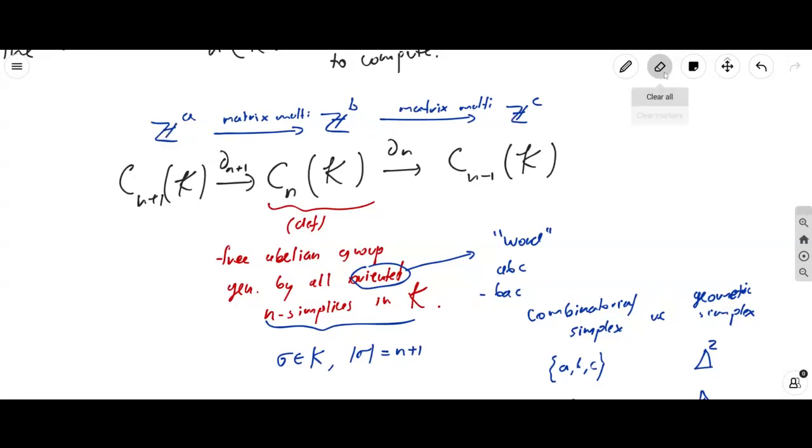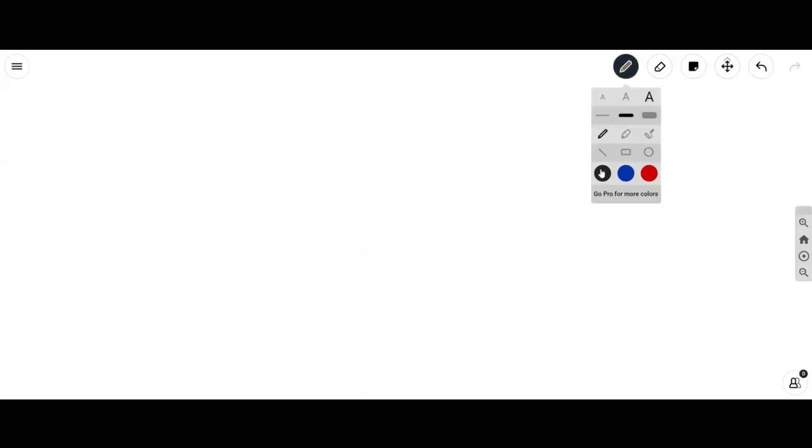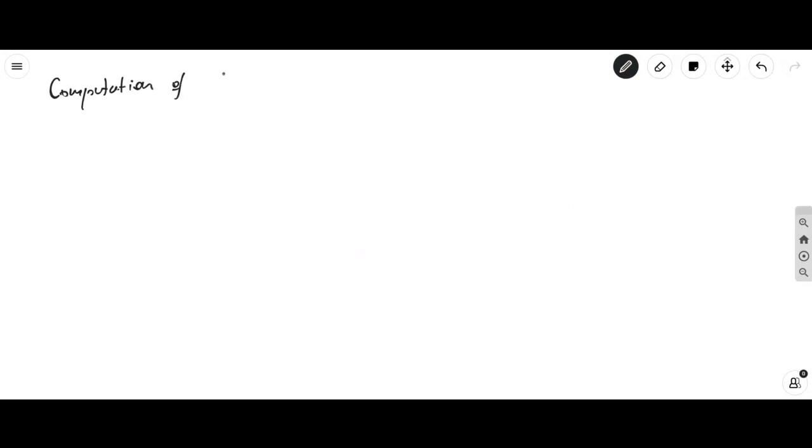Let's maybe discuss the following calculation. Computation of simplicial homology comes down to the following problem.